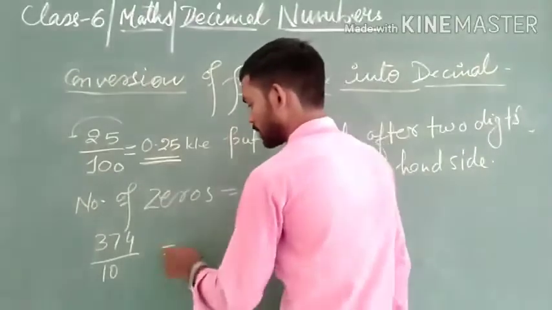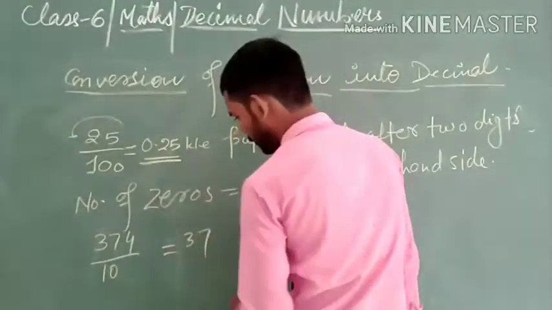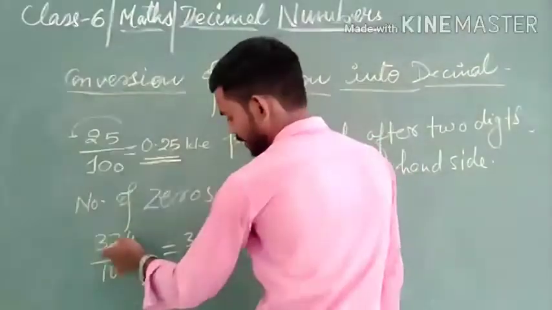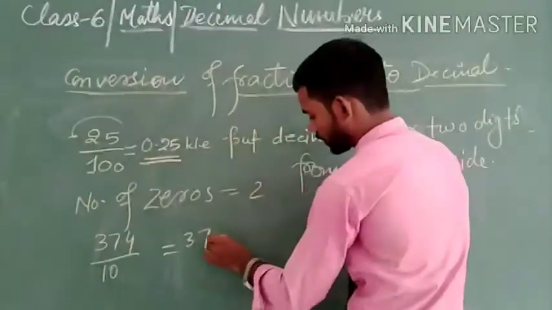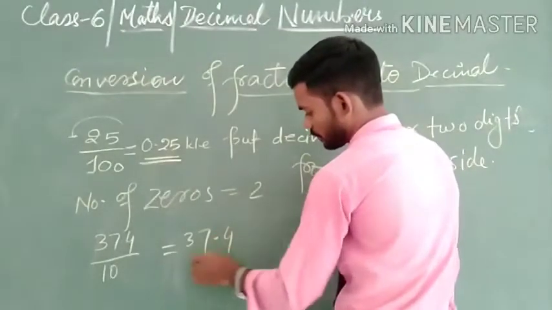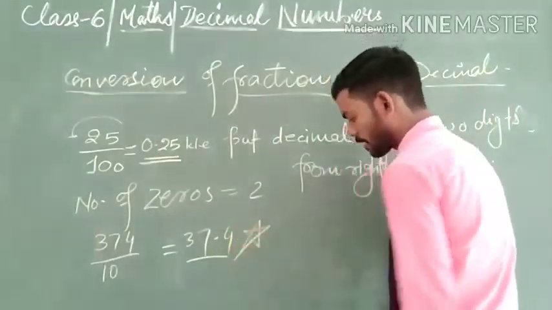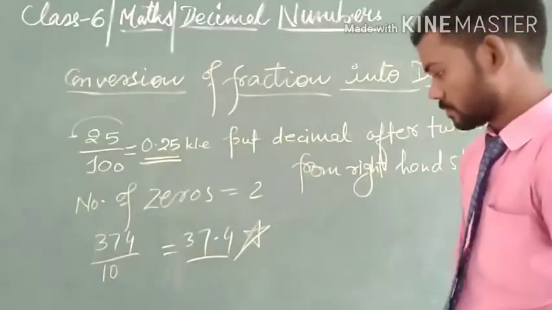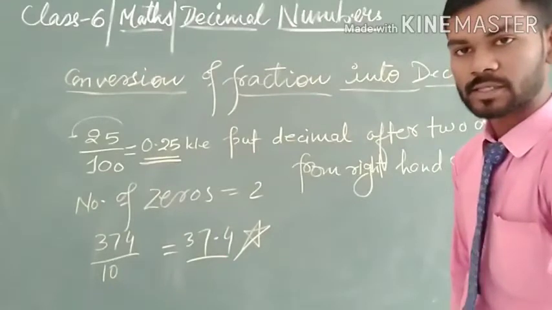So in this case here we get 37, after one digit from right hand side, that is this, here we get 37.4, which is our required result. Okay students, I hope it is clear.